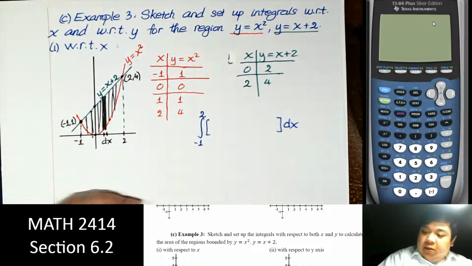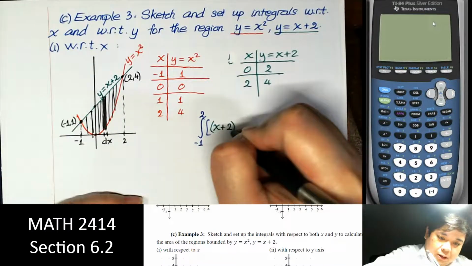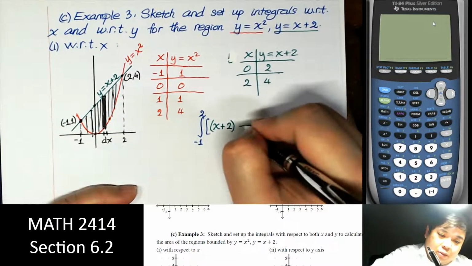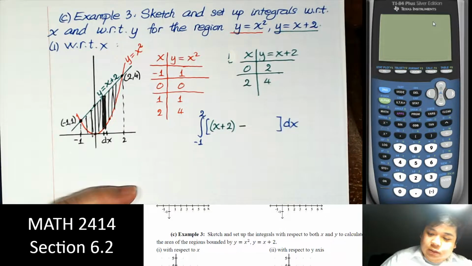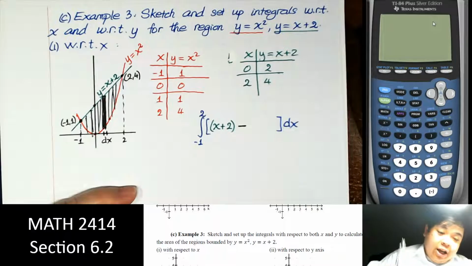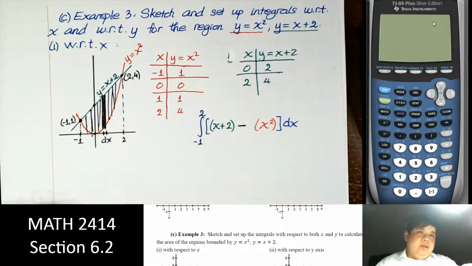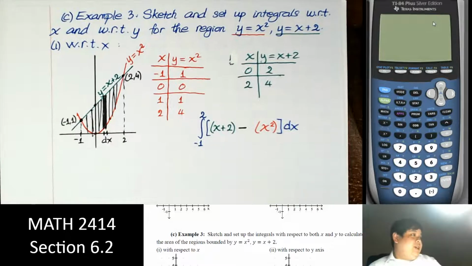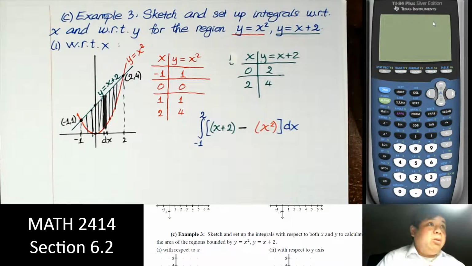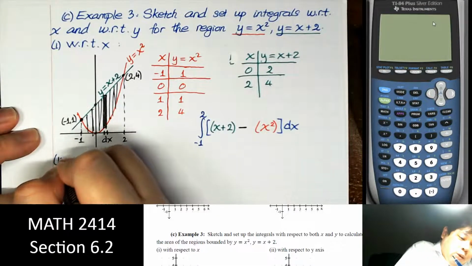And then the function above, x plus 2, minus the function below, x squared. Right. So that's simple. That's the limit with respect to x. Now we will do the same thing, but with respect to y.